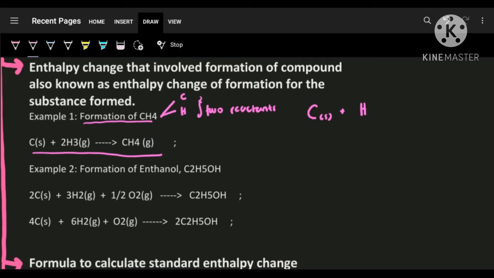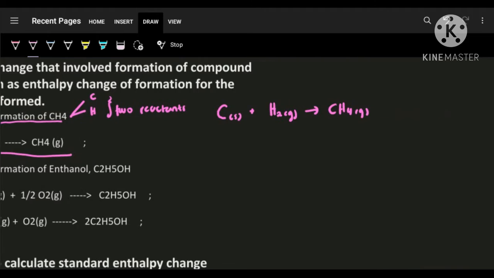So we cannot write H only, because hydrogen at standard condition exists as a gas, so H2, and it produces CH4. Methane is also a gas at standard conditions. When carbon reacts with hydrogen, of course, it has a heat of reaction, or standard enthalpy change.